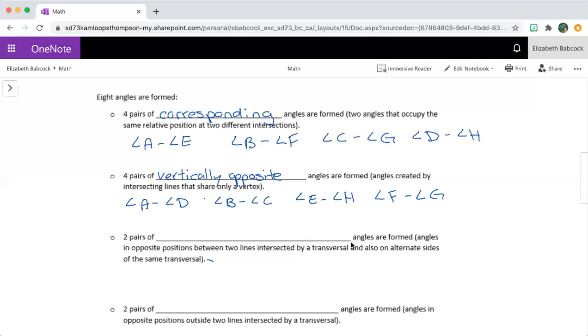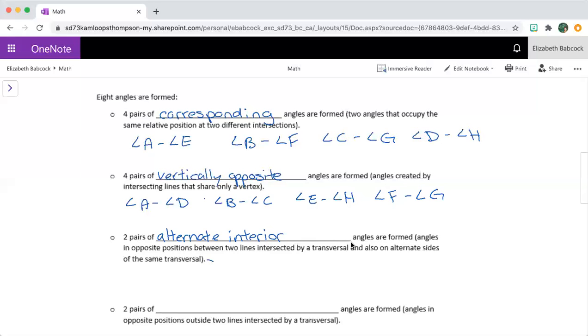If at any point this video is going too fast, pause it, fill in your notes, and then keep going. The next type of angles are alternate interior, and there are 2 pairs of these. These are angles in opposite positions between 2 lines, intersected by a transversal and also on alternate sides of the same transversal.